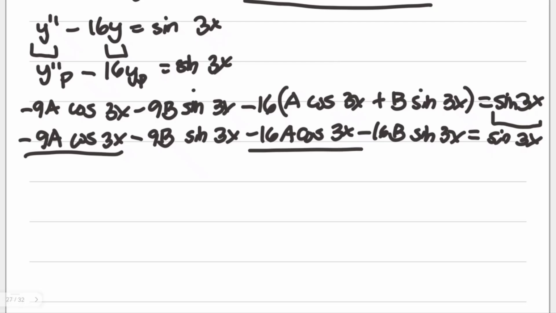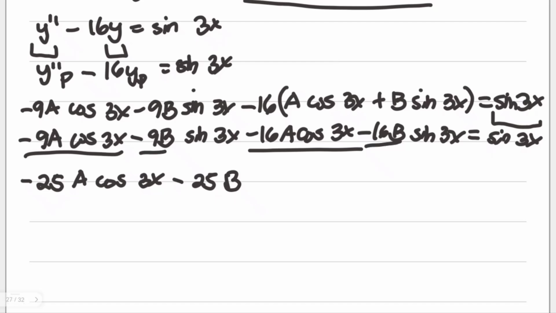Okay, so you will have minus 9a minus 16a, or you can just simply combine them. Let's combine them first. Minus 9 minus 16, so you have minus 25a cosine of 3x. And for b, you also have minus 25b, because that's minus 9 minus 16.